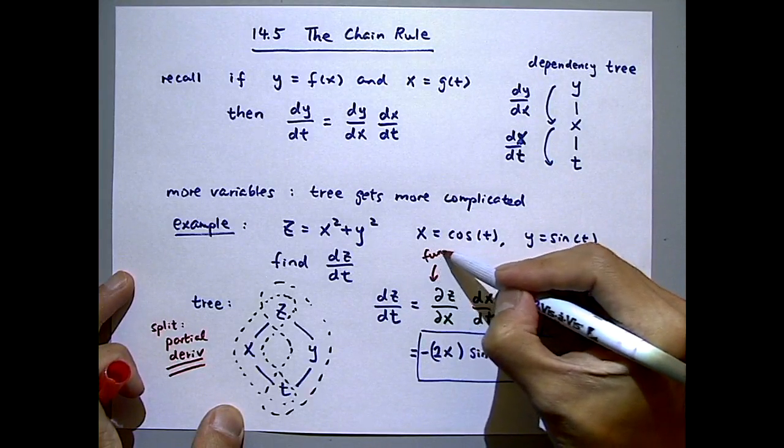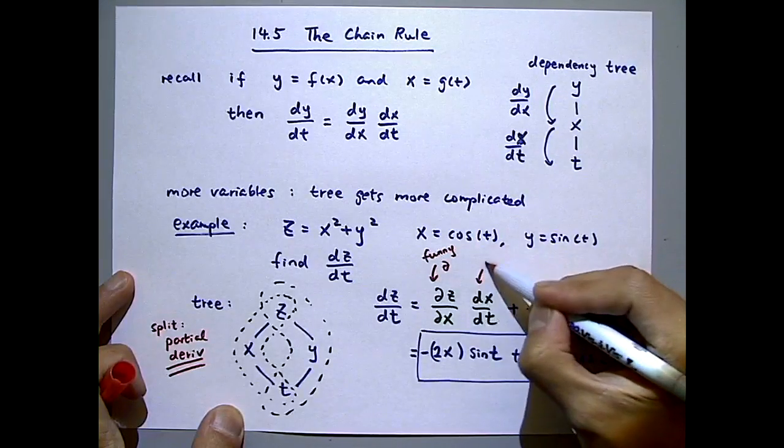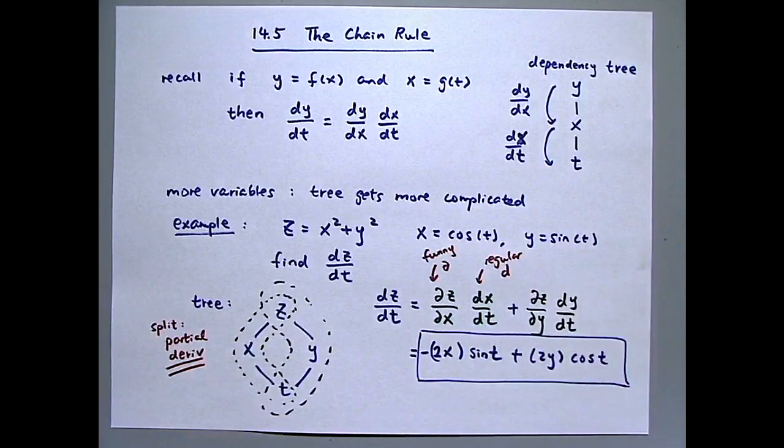So remember, we got a bunch of different d's. This is the funny d, regular d. Any question on this example? Are we clear on when to use which d based on the tree? All right, then let's make the tree more complicated this time.